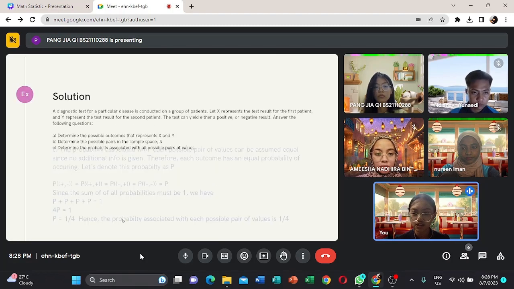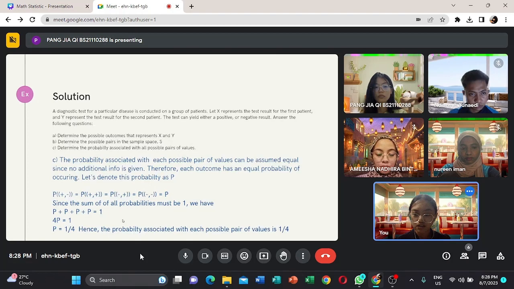Next is question C. So the probability associated with each possible pair of values can be assumed equal since there is no additional info given. Therefore, each outcome has an equal probability of occurring. So we denote this probability as p.